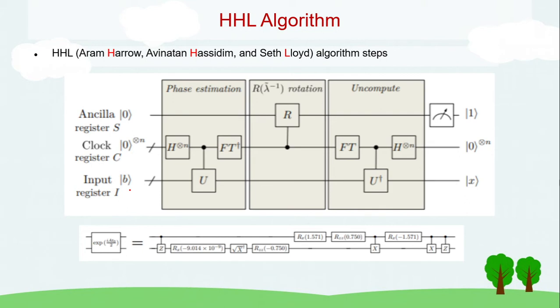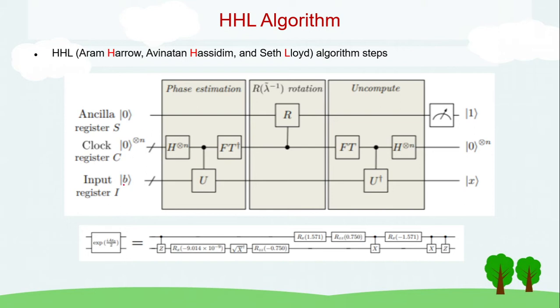Similarly, the number of qubits we have seen earlier, log n to the base 2, that many qubits will be used. And the ancillary register will help us do some operation. So we have to have the ancillary register also set at the 0 state.